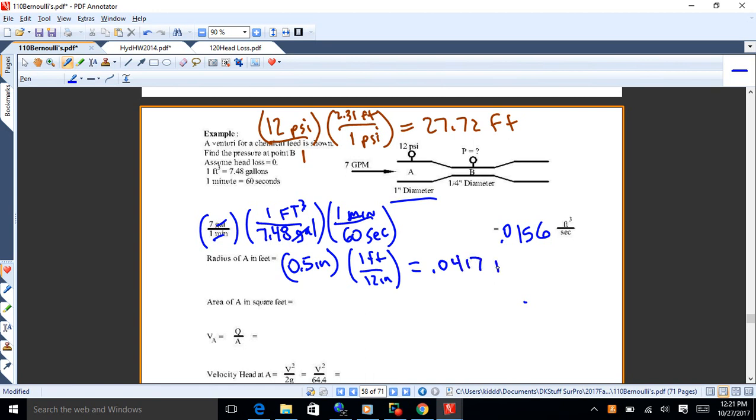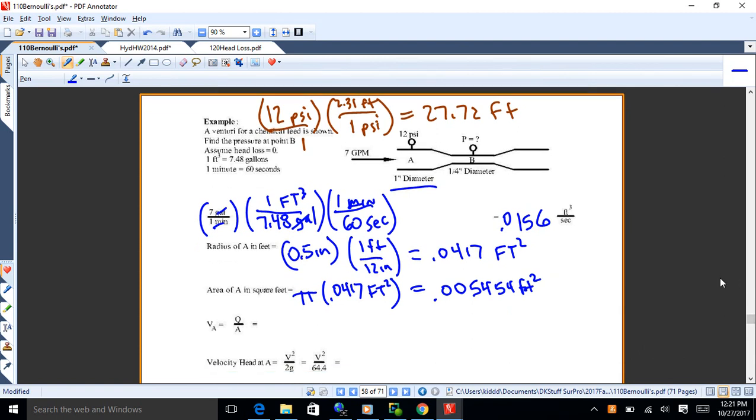That's in feet, and then do pi r squared on that, and you'll come up with the area. And that's in square feet.